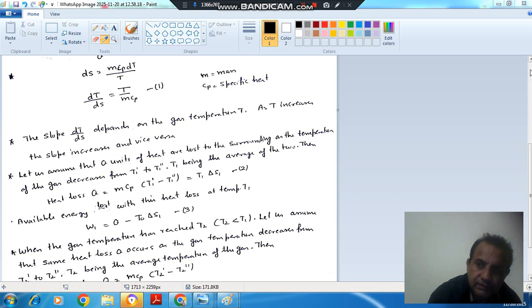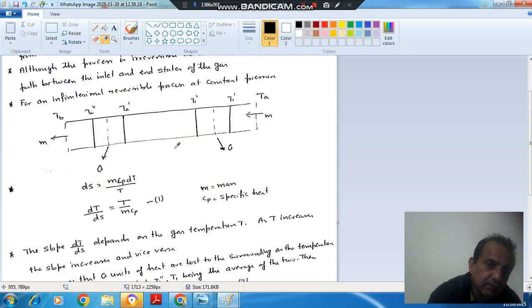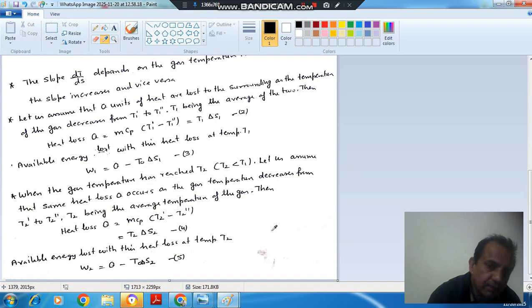Now we consider the second section. Here the average temperature is T2 and the temperature drop is from T2' to T2''. Same thing we can apply. The heat loss is the same, that is m Cp (T2' minus T2''), which equals T2 delta S2, the same as that of section 1.